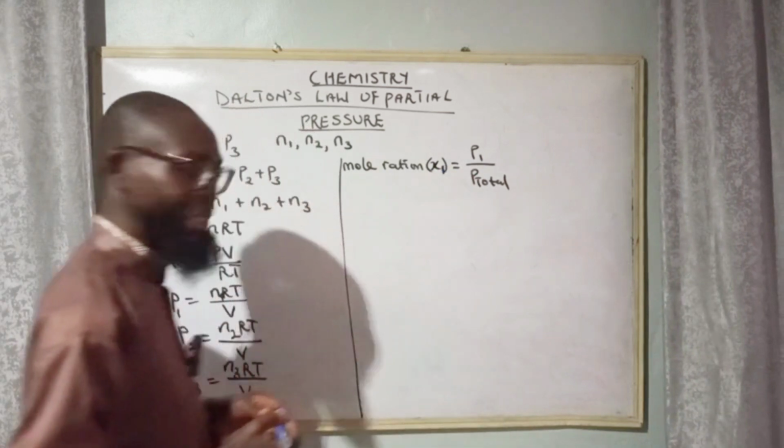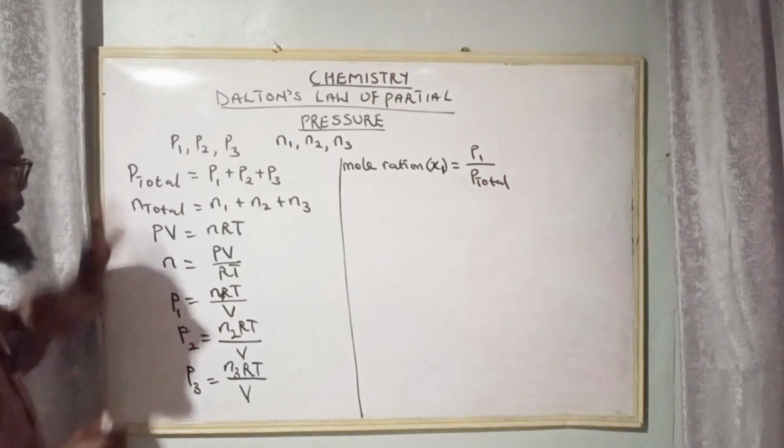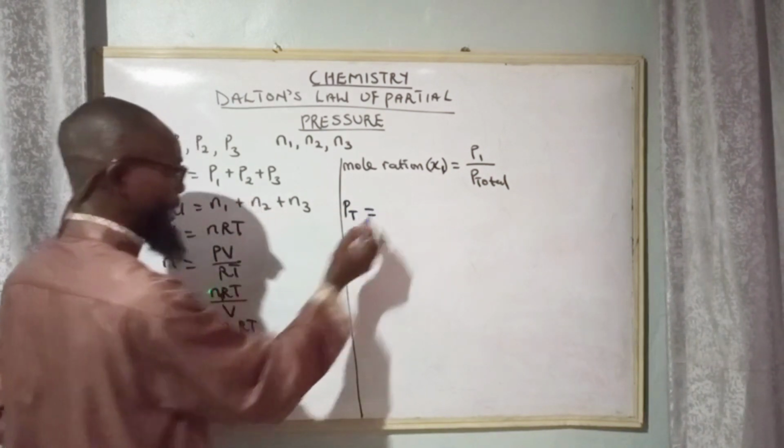Our mole ratio, X1. Now, from P total, let me use P to represent the total.